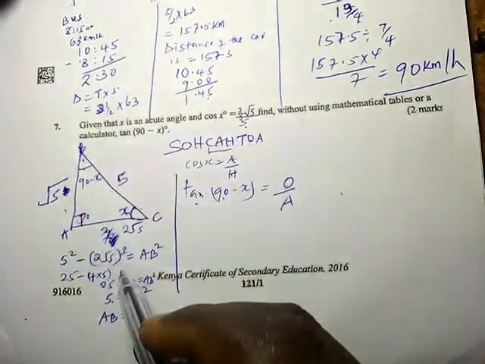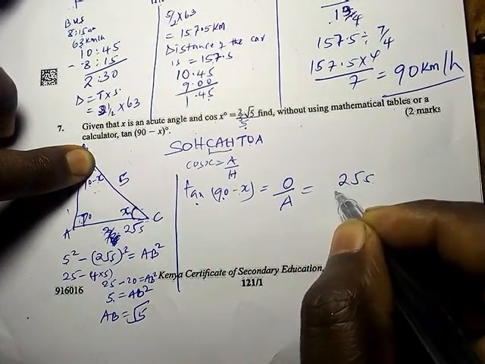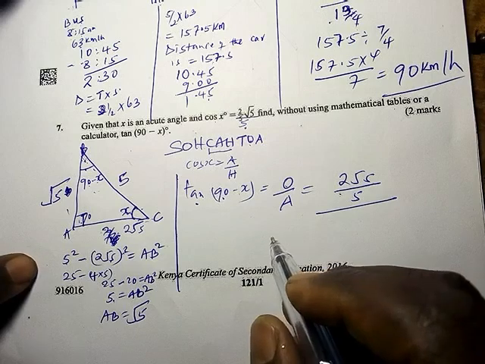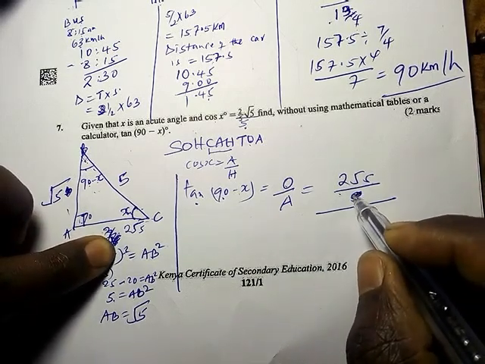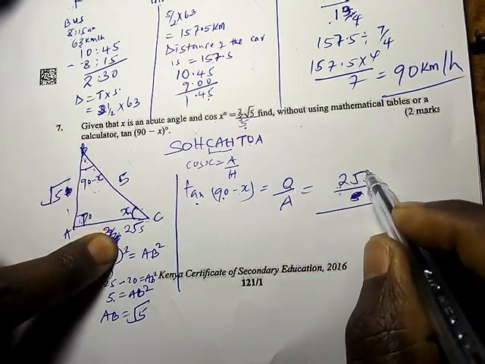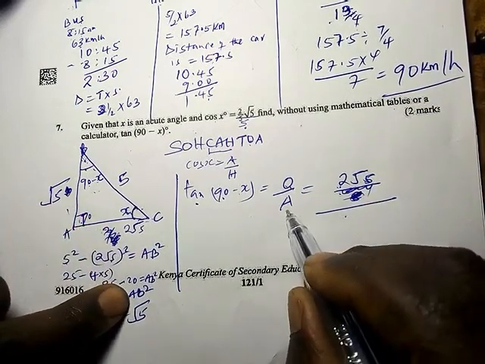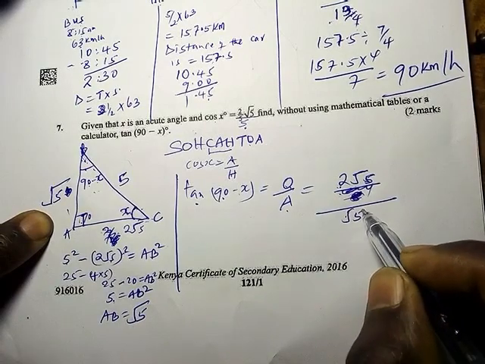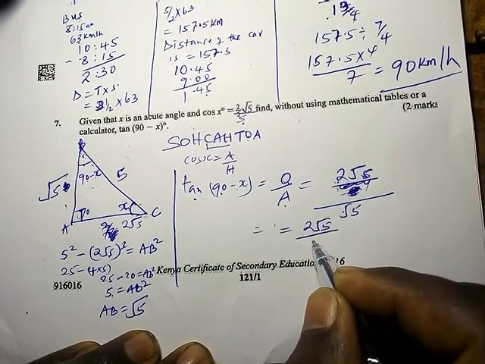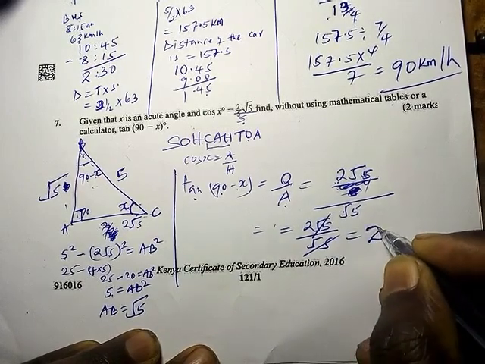The opposite, standing from here, is 2 root 5, and we divide by the adjacent, which is root 5. So this is equal to 2 root 5 divided by root 5. Root 5 and root 5 cancel out, and the answer is 2.